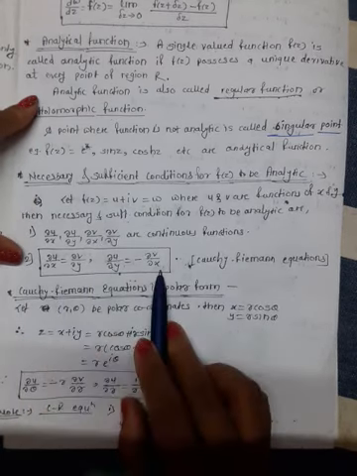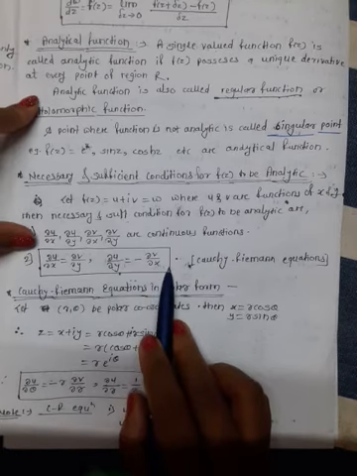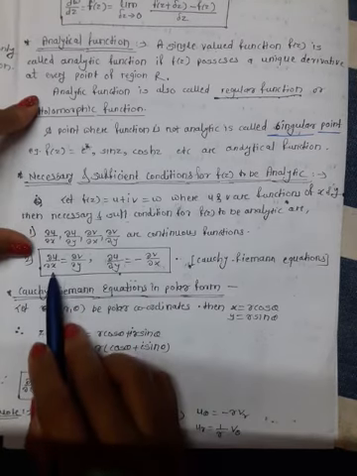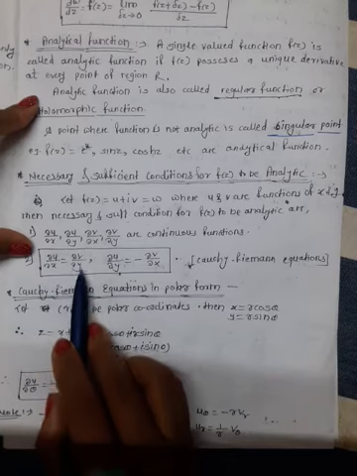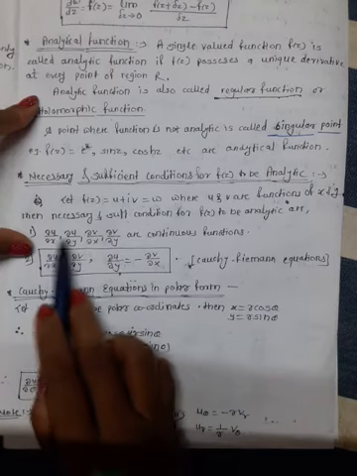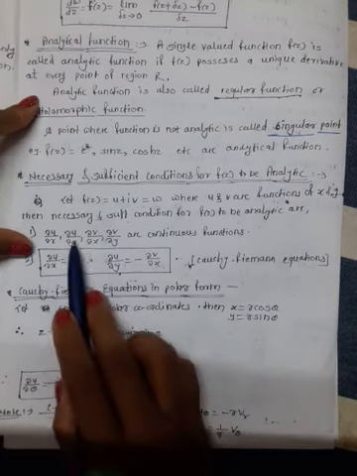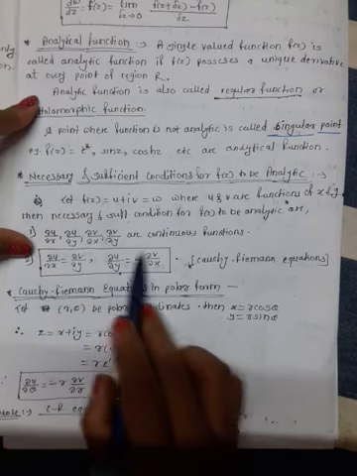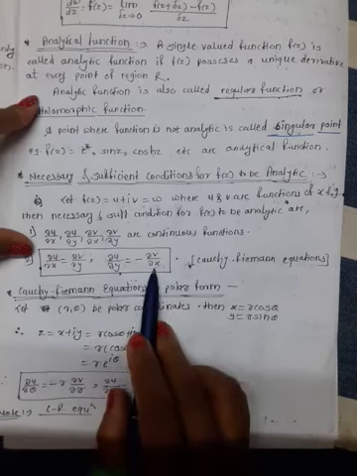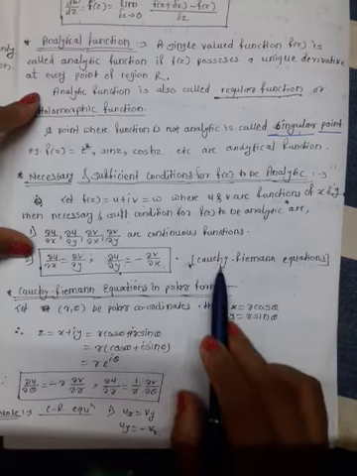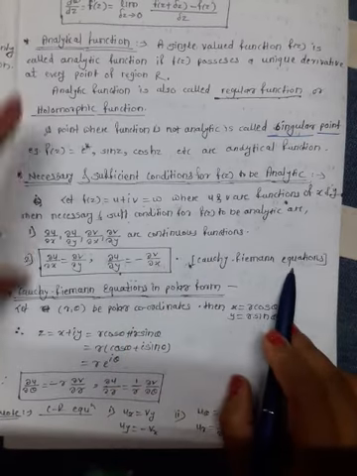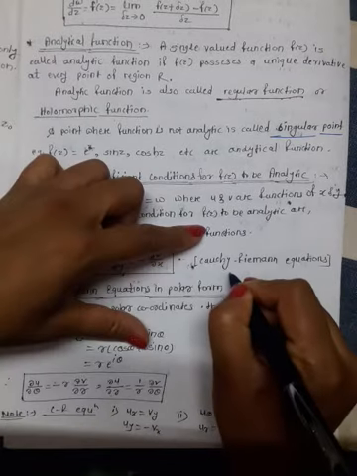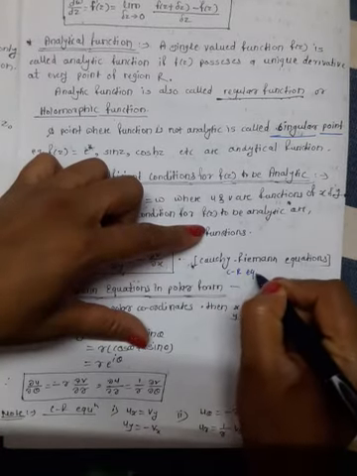And the second most important condition is dou u by dou x must be equal to dou v by dou y, and dou u by dou y is equal to minus dou v by dou x. These two equations are called the Cauchy-Riemann equations, or in short CR equations.